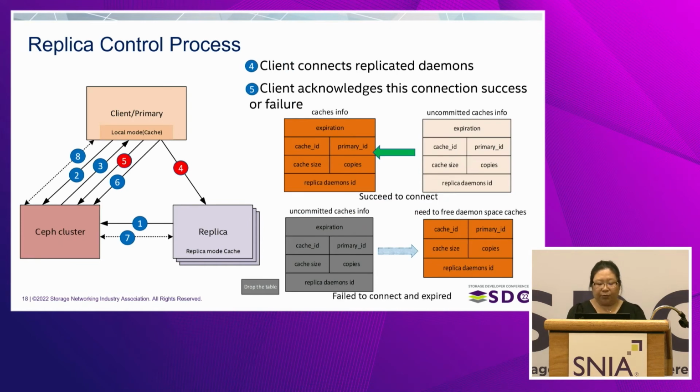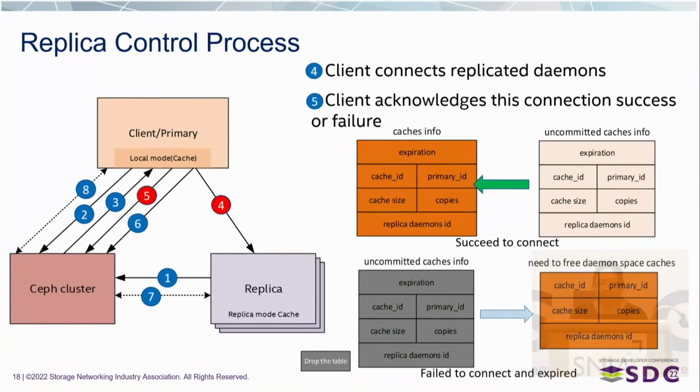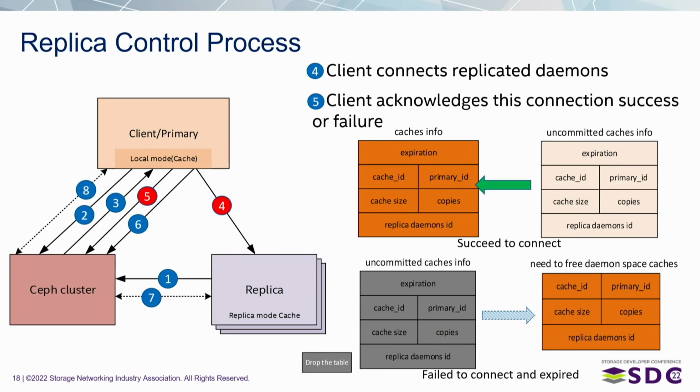And the client will connect to the replica using the IP and the port and tell the replica to allocate the cache size from the replica's PMEM device. And once the connection is set up and the replica replies to the primary, the client acknowledges this connection success or failure to the Ceph cluster.